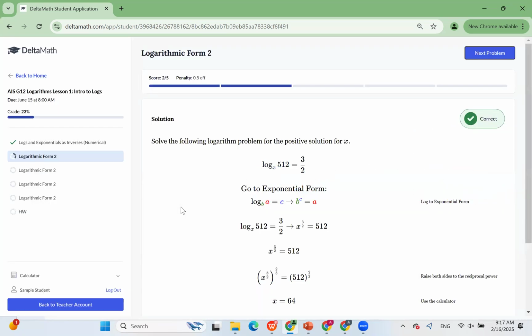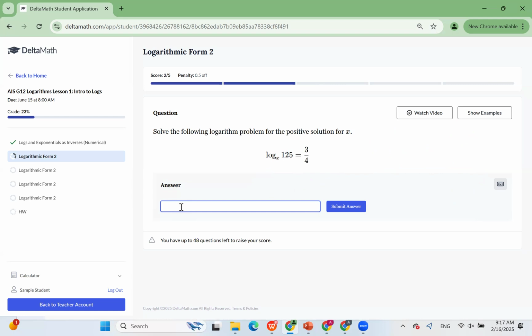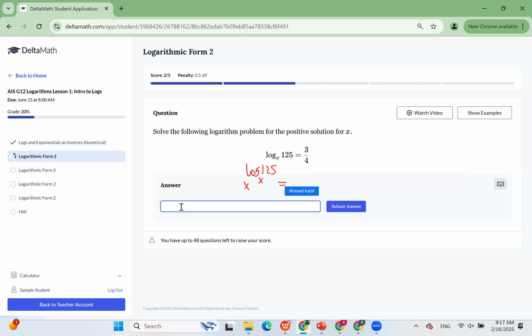Let's try a third problem. Again, in this case, we're going to raise x as a base to both sides. So we have x power log base x 125 equals x to the power of 3 over 4. The x cancels the log base x. And we have 125 equals x to the power of 3 over 4.